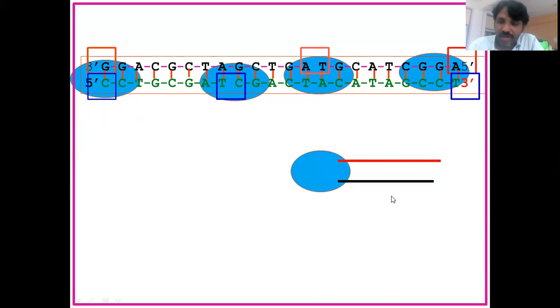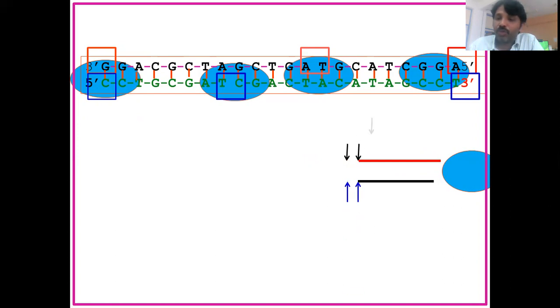This is a double strand DNA molecule, and this is an exonuclease. You see it passing through, in the 3' to 5' direction or the 5' to 3' direction, removing one nucleotide, again one nucleotide, again one nucleotide.